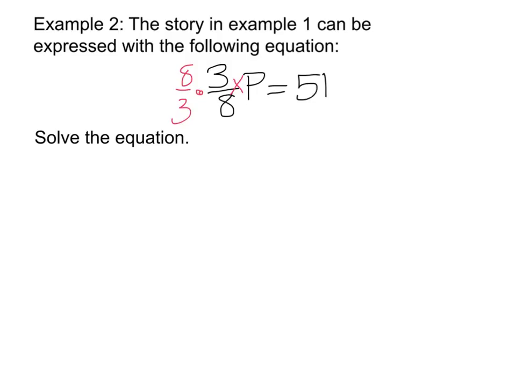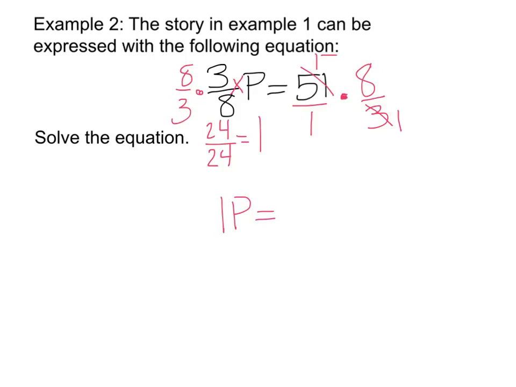When we multiply this, 8 times 3, 24 over 3 times 8 on the bottom, which is 24. This is equal to 1. So therefore, we have 1 p left over is equal to, don't forget, we need to multiply by 8/3 on the other side of the equal sign. 51 can be written over 1 just like this. And now we can reduce. 3 goes into 3 once, 3 goes into 51 17 times.